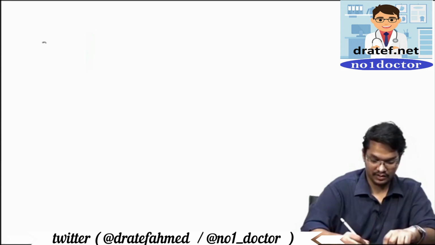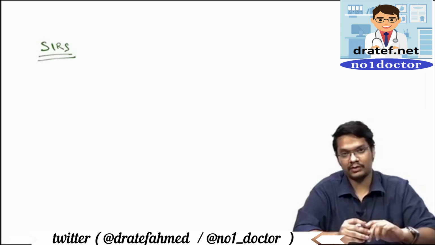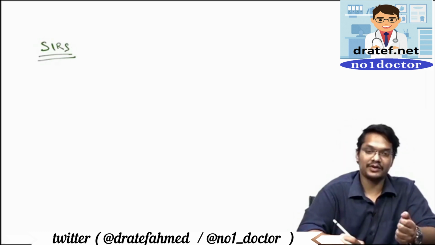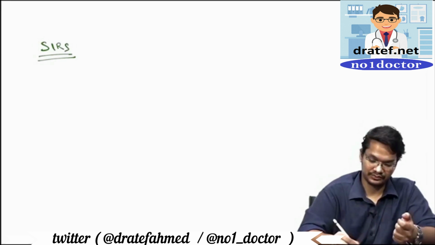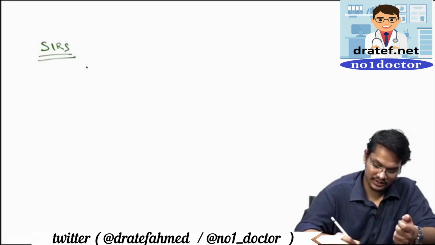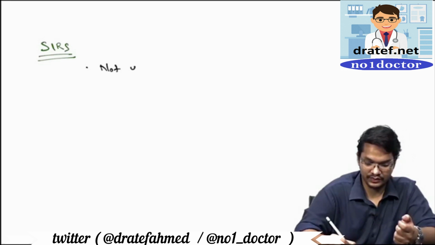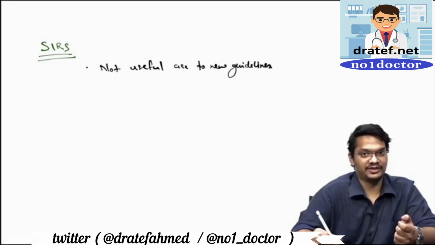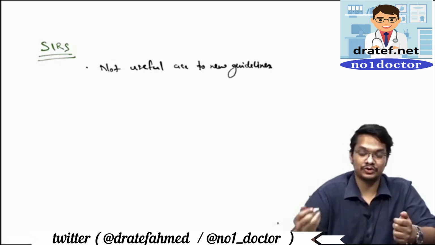Now, a topic you are familiar with, you must have heard a lot about this, SIRS, or systemic inflammatory response syndrome. Now, what you don't know is that it is not useful according to the new guidelines. It may still be used, but it is no more useful.